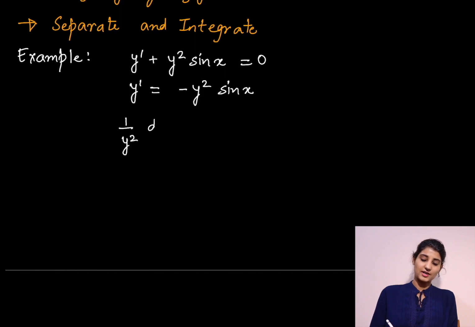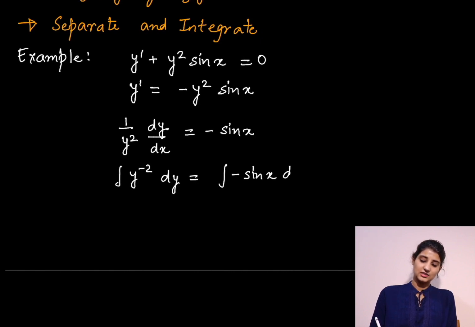So 1 over y square, y prime, we can write as dy over dx, equal to negative sin x, which means integrating 1 over y square. If y square is in the denominator and we want to bring it to the numerator, we change the sign of the power. dy is equal to the integral of negative sin x dx.